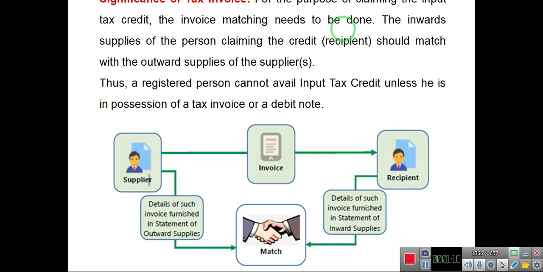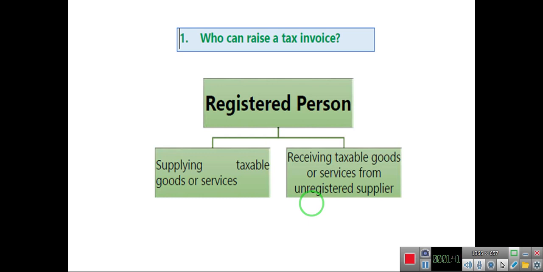We can see in this chart the details of invoices furnished in the statement of outward supplies by the supplier and the details of invoices furnished in the statement of inward supplies by the recipient. Now, if both the details match, then only the recipient can claim input tax credit.